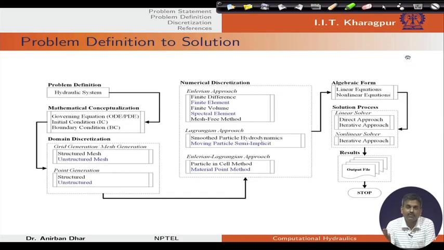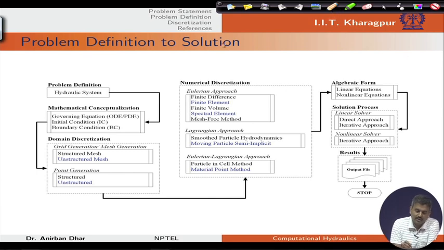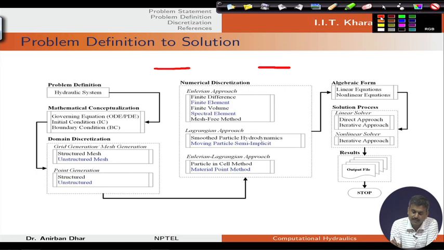Problem definition to solution. In our previous lecture, we have discussed one problem where we have considered two internal junctions, this is 1, this is 2, and one external junction.